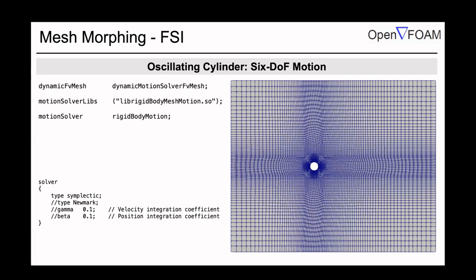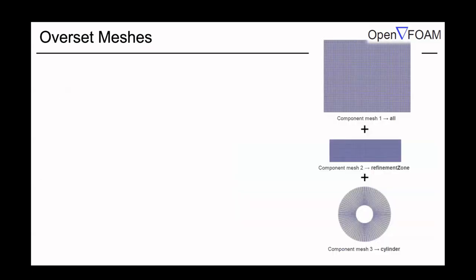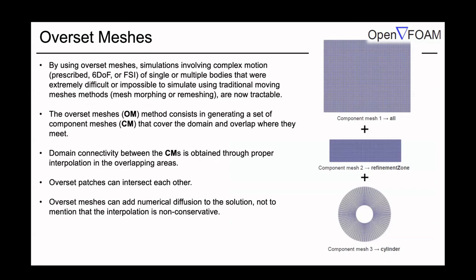All right. So the last thing that I want to cover quickly is the overset method. Now, in comparison to the mesh morphing method, in the overset method, as I explained, we have multiple component meshes, and each component mesh will overlay on top of each other, but they will not be connected to each other.